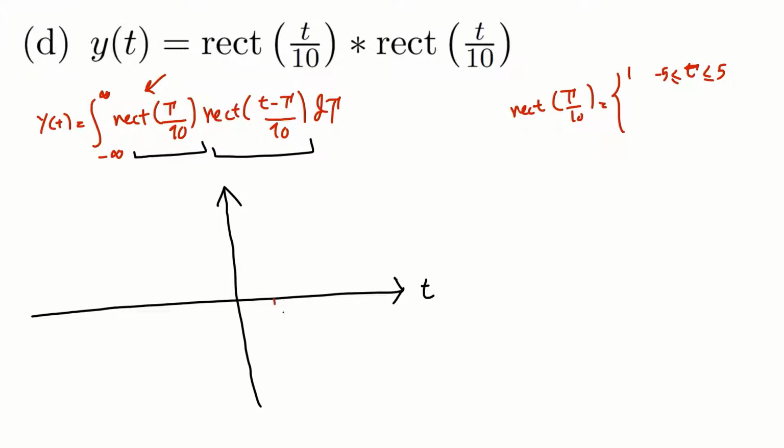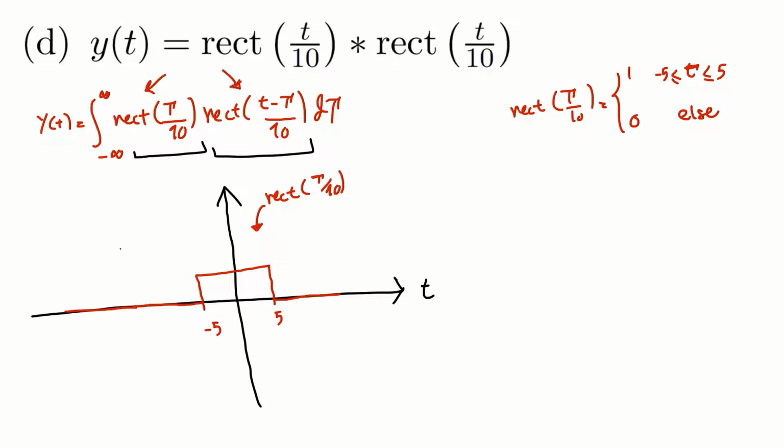So if this is 5 and this is -5, the value of the signal is 1 in this time interval, and the value of the signal is 0 for tau larger than 5 or tau smaller than -5. Okay, so this is rect of tau over 10.